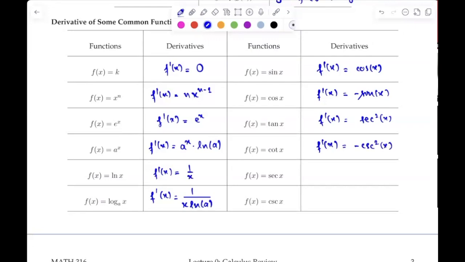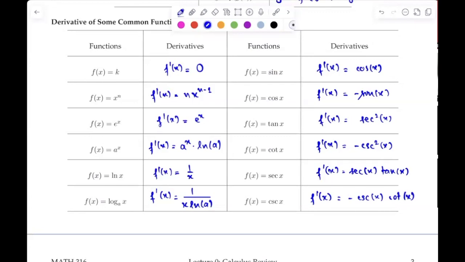For secant of x, the derivative is secant x tangent x. And for cosecant of x, the derivative is negative cosecant x times cotangent x.